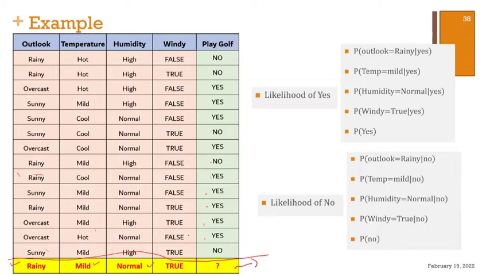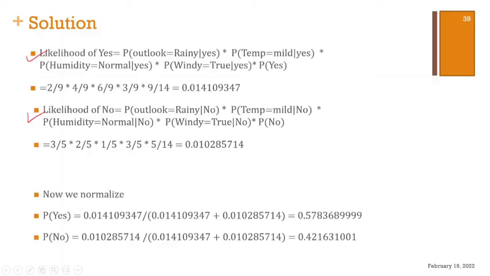For windy, we only consider true, because those are the values given for the new sample that we don't know the class it belongs to, which we call the testing set or the validation set. Once we get that done, we were able to calculate the probability for the likelihood of yes and the likelihood of no. Finally, we also have the probability of both put together. Once we have the two, then we normalize, because if you sum these probabilities, you can never get to one.